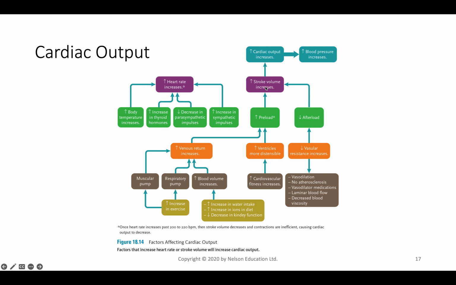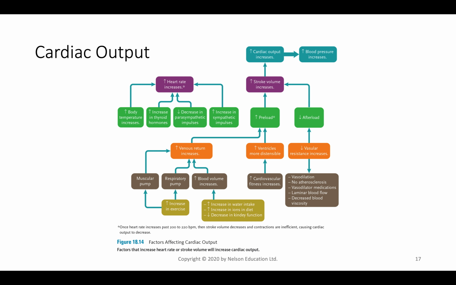Okay, your stroke volume is only two things: volume before and volume after, right? So the preload is how much volume is put in, and the afterload is how much is there after we've had the contractile event. So the preload can be determined by venous return versus the distension of the ventricles.